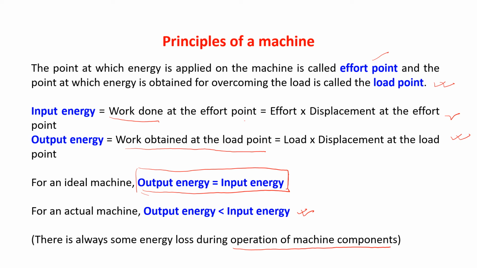But in the ideal case, it should be equal. So for practical purposes, we can say that no machine is 100% efficient, because output energy and input energy are not always the same.